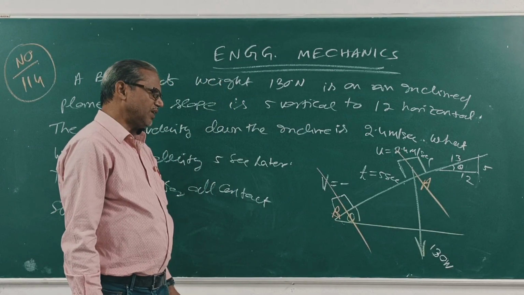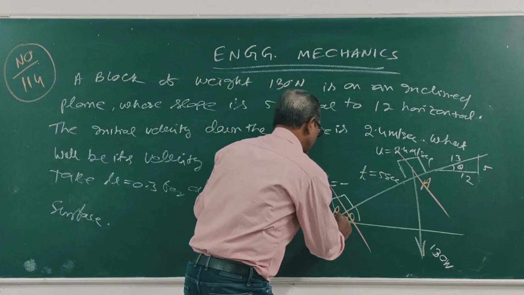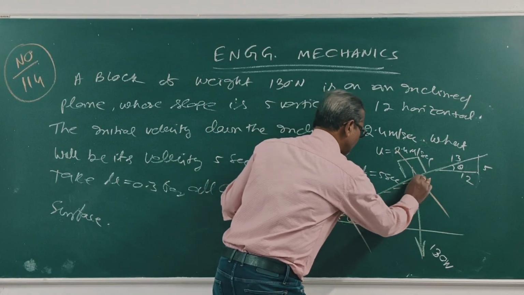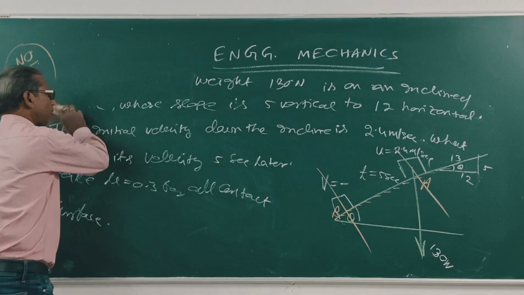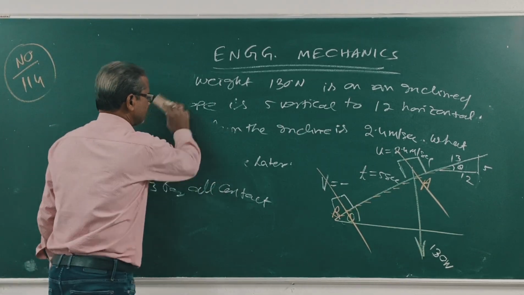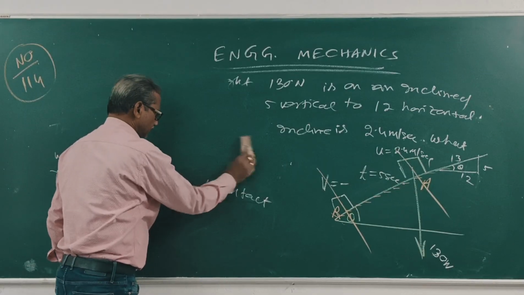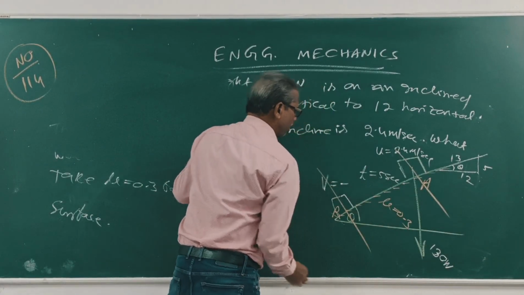Take mu, the coefficient of friction, equal to 0.3. Time is 5 seconds.